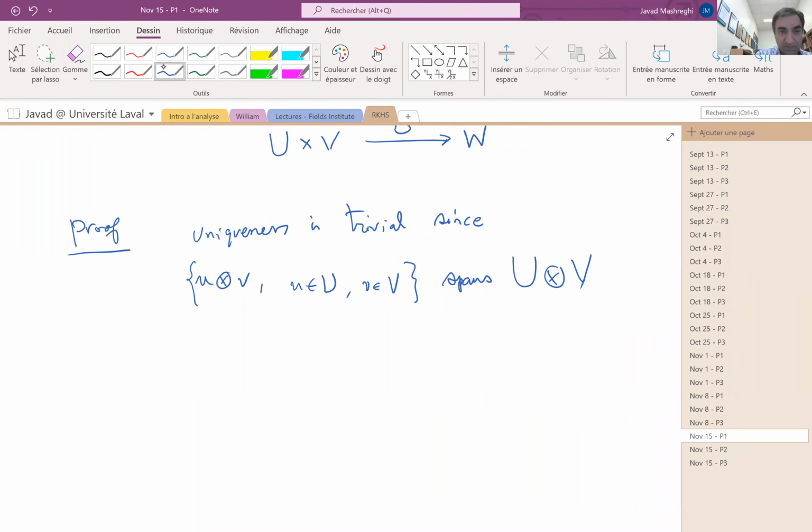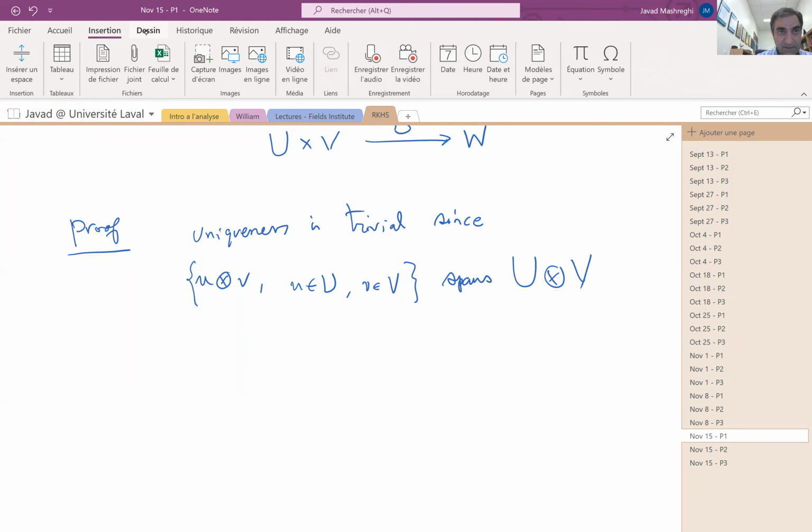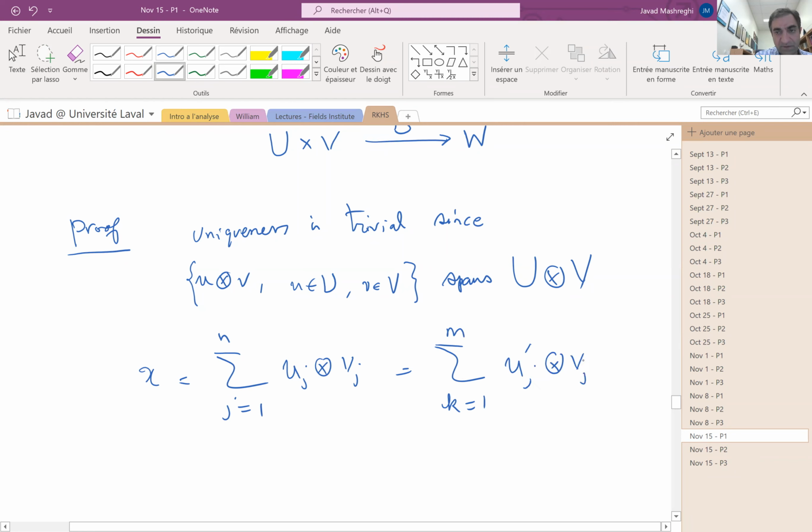I should have mentioned this before, but I can add it here. If X is defined by this representation, and also by another representation, say uj prime tensor vj prime. There are infinitely many such representations.